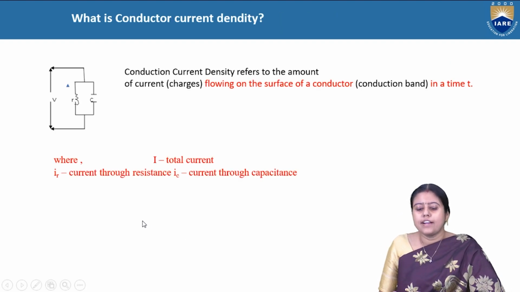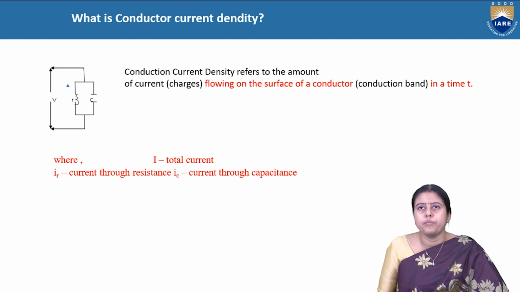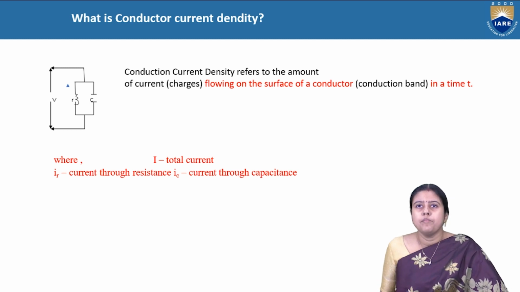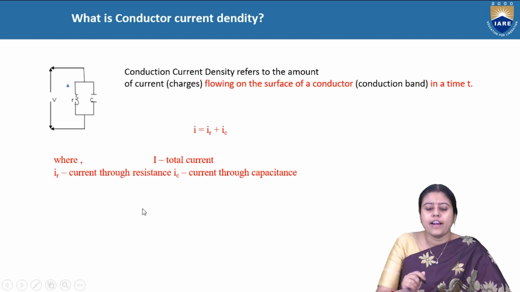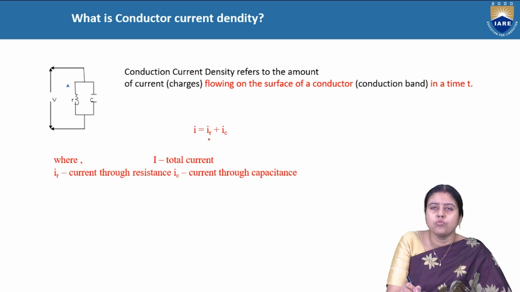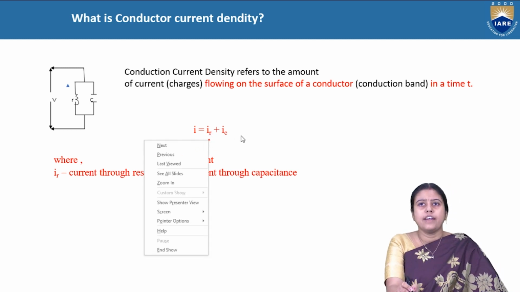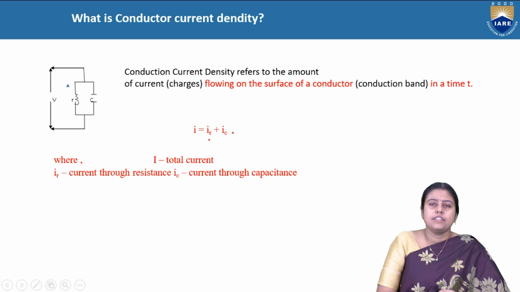What is conduction current density? Conduction current density refers to the amount of charge flowing through the surface of a conductor in time t. When current is flowing, the total current has two parts: current flowing through a resistor and current flowing through a capacitor.